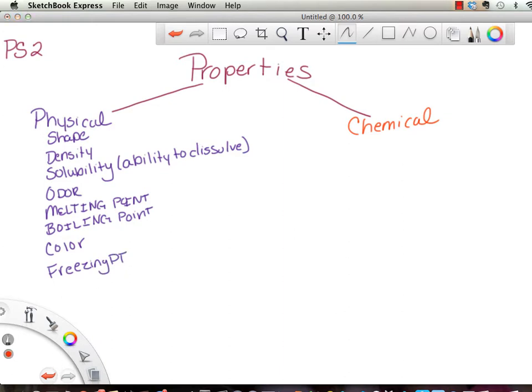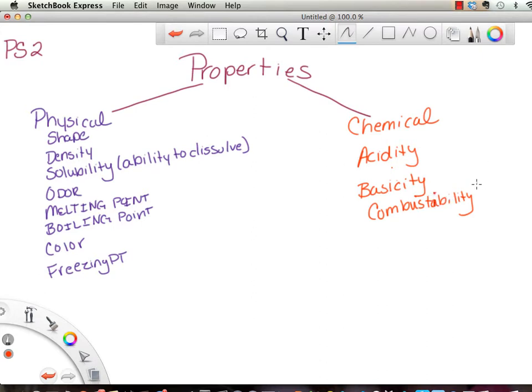And then the chemical properties, we have things like acidity, basicity, if I can spell tonight, combustibility, and I just cannot spell tonight.